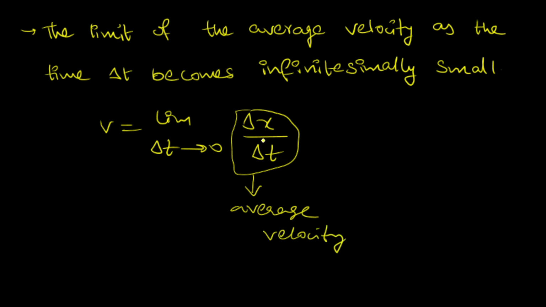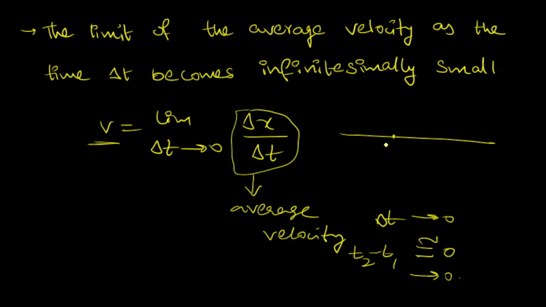Whenever this delta t, that is the time interval, tends to 0, that is approximately equal to 0, whenever the time interval t2 minus t1 is approximately equal to 0, then this average velocity is known as instantaneous velocity.